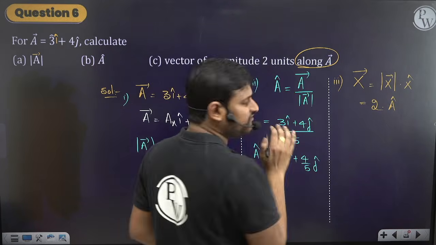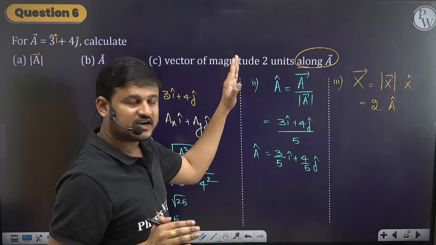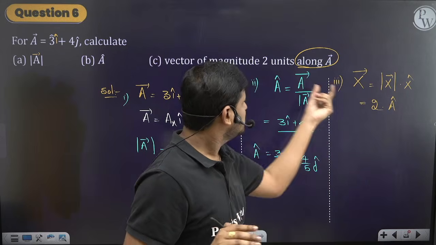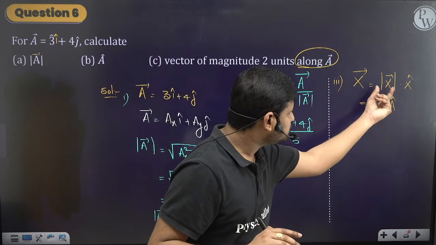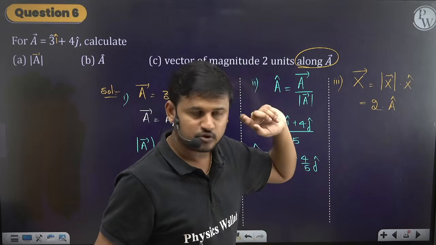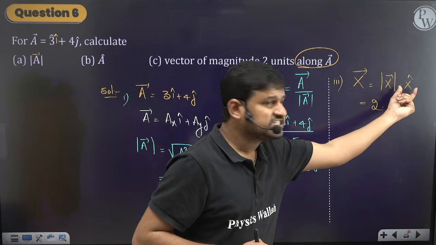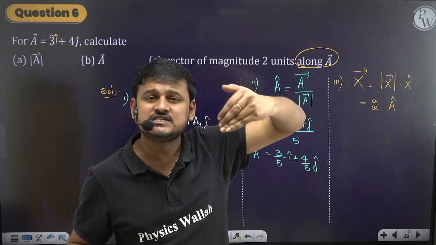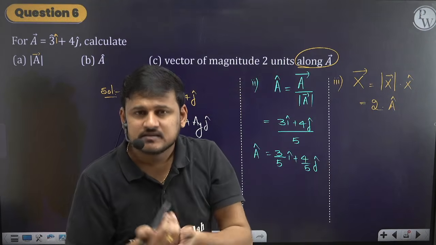We have to find some vector whose magnitude is 2. That vector I considered x. That x vector will have a magnitude and direction. Its magnitude mentioned here is 2 units, so I wrote 2 here, and its direction is along the vector A. Along the vector A means the unit vector of A, that's it.